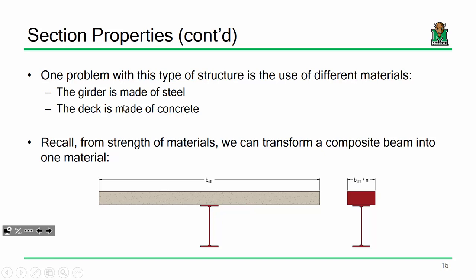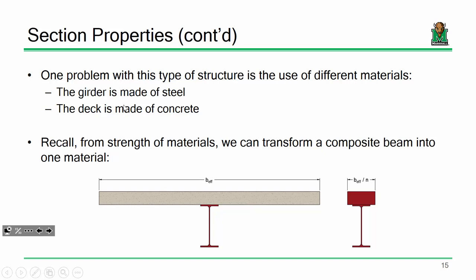Sigma equals My over I, if you recall, assumes that you've got a beam made of a single material, that the beam is made only of steel, or only of aluminum, or only of copper, or whatever. Well, we have a problem here because we have a beam that's made out of steel and concrete. How do we handle that?